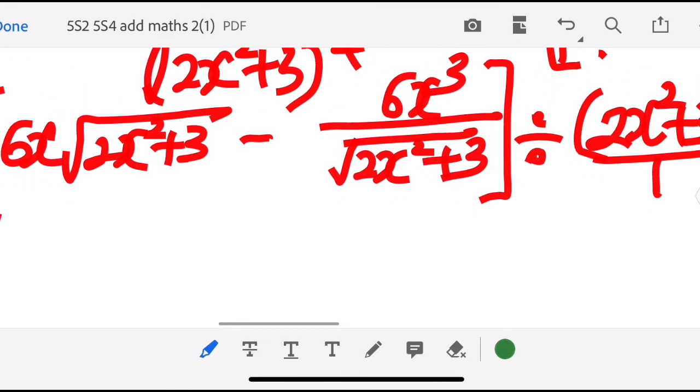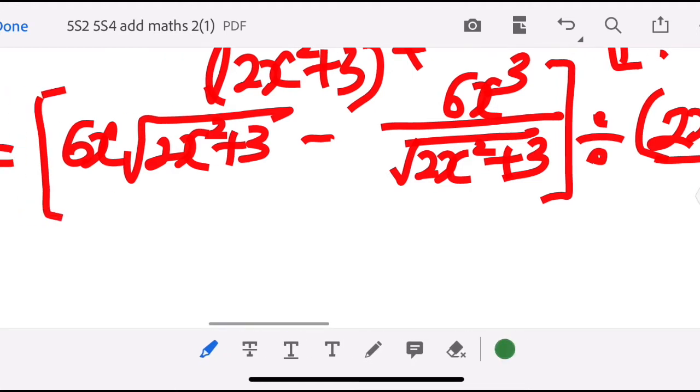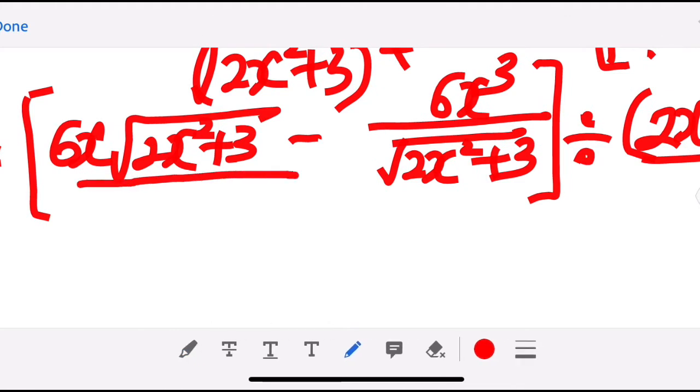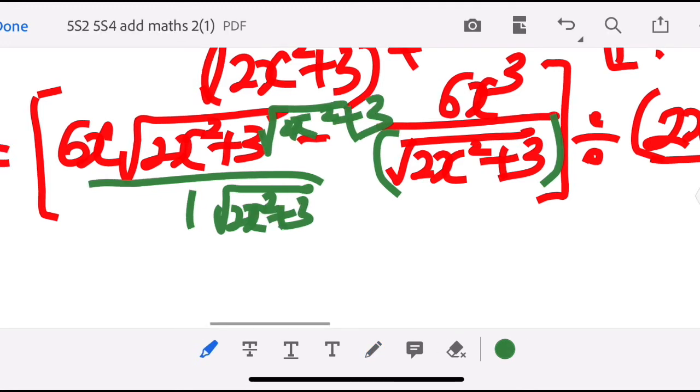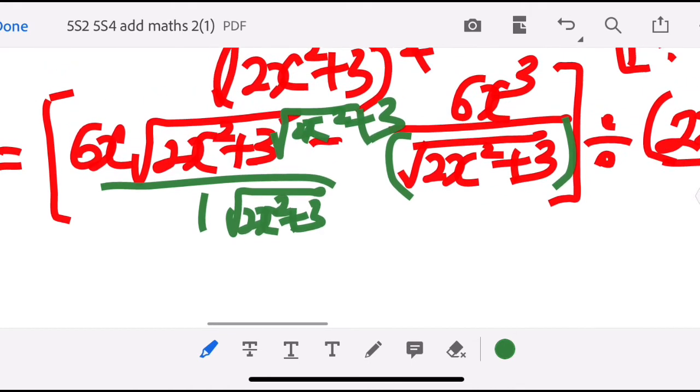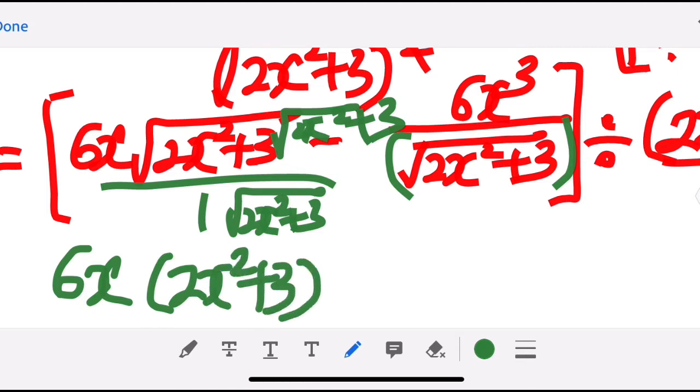Now I'm going to make the denominator the same. So what I need to do is I will have to multiply with the same denominator as this one, which is square root of 2x squared plus 3, and here square root of 2x squared plus 3. So now let's see. We have 6x, 2x squared plus 3, because they are square roots, right?